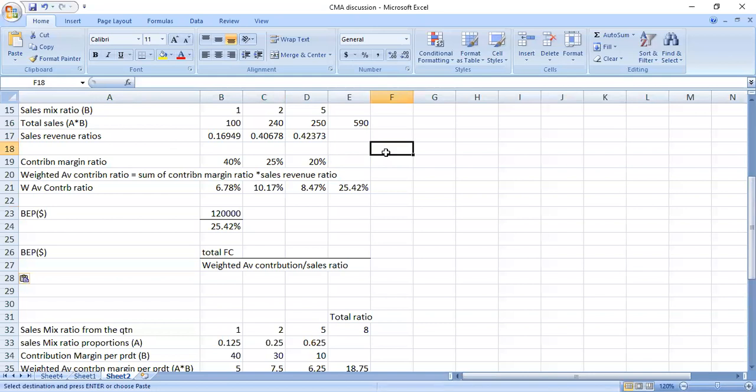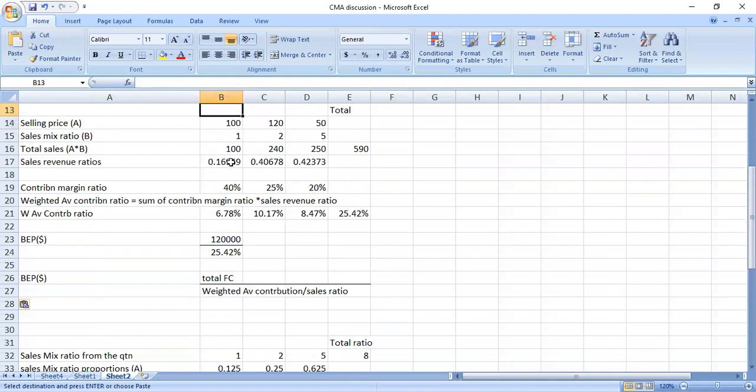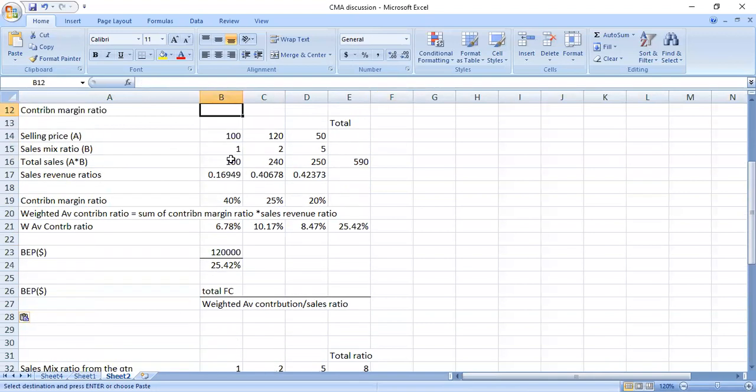So for product A, we got the selling price, which is 100. We multiplied it by the sales mix of product A, which is 1, and we got the sales amount for product A as 100. Then for product B, we got 120, which is the selling price.